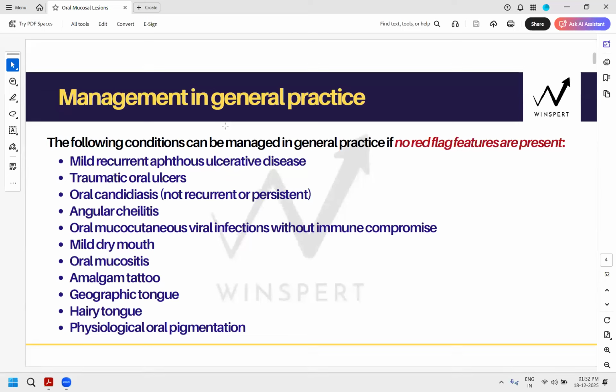Broadly, which category will the lesion fit in? So your management becomes super easy, right? So oral hairy leukoplakia, you don't even have to now think. It has designed your thought process in a way that oral hairy leukoplakia is an indicator of HIV. That comes under the list of non-malignant lesions which are requiring specialist referral.